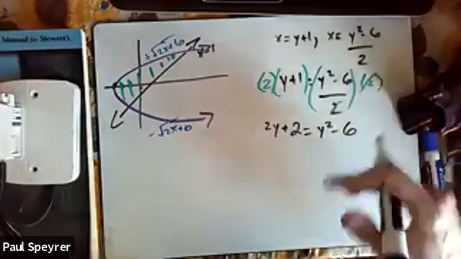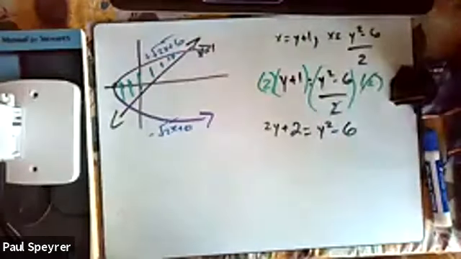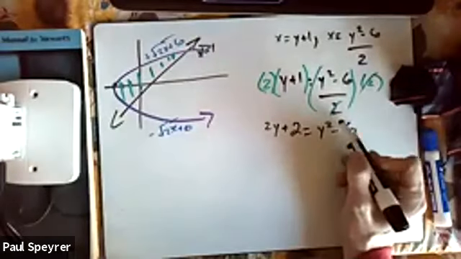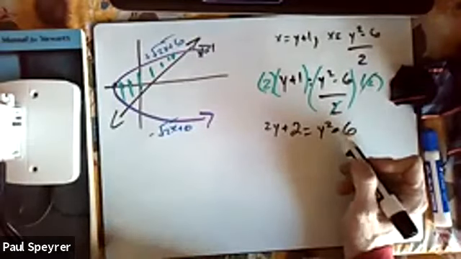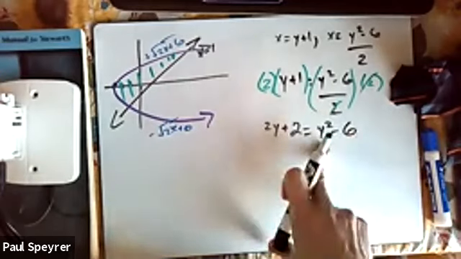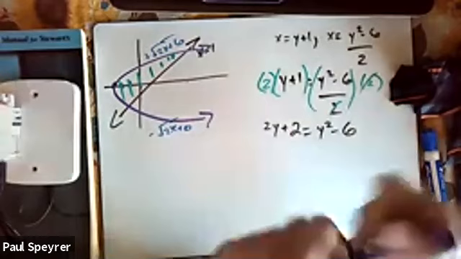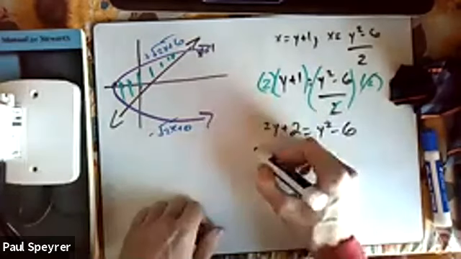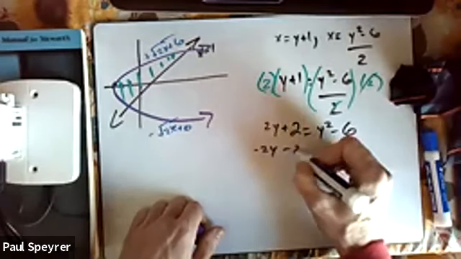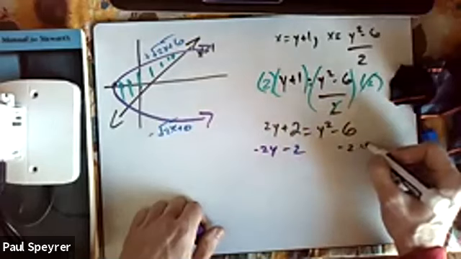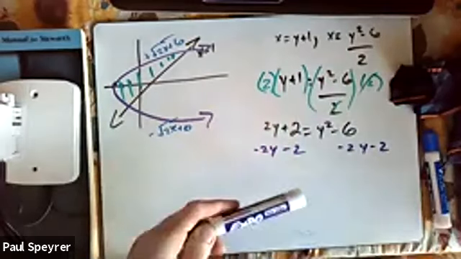Now we need to solve this for y. We're going to factor because you have a y to a power of 1 and a y squared. We'll keep the dominant term positive, so we're going to move stuff from the left side to the right side. I'll subtract the 2y and the 2 from both sides. So what does that leave us with?